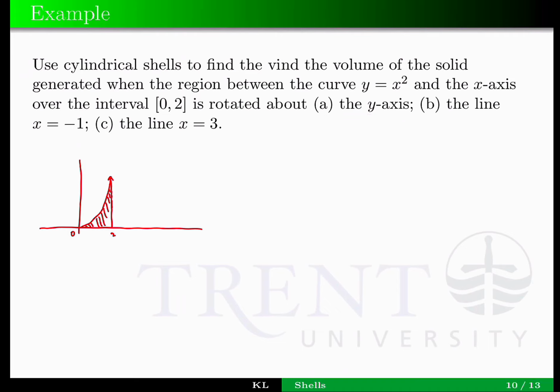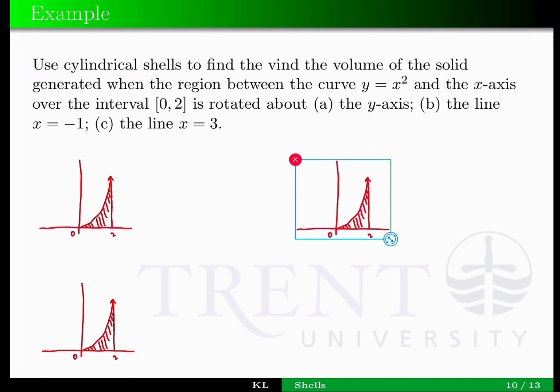And let me copy this again. That's what we're going to use for the first letter. This is for the second letter here, and then we got the third letter.